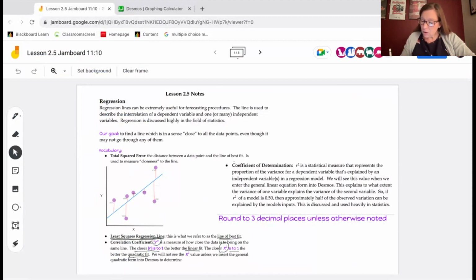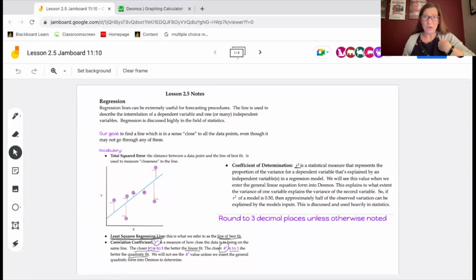We do have little r squared, so don't get little r squared confused with big R squared. Little r squared is what we call the coefficient of determination. It's to help determine the extent of how one variable is affecting the second variable. Highly talked about in statistics. I'm letting you know that that's what it means when we see it.